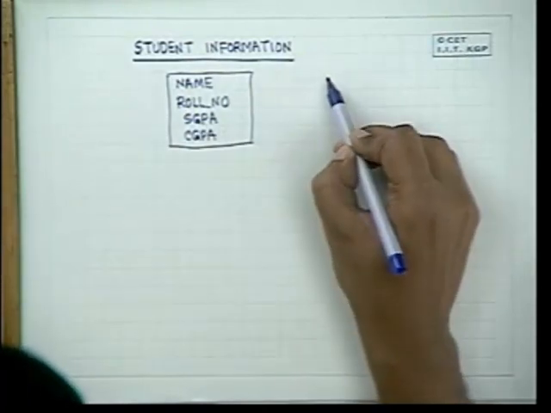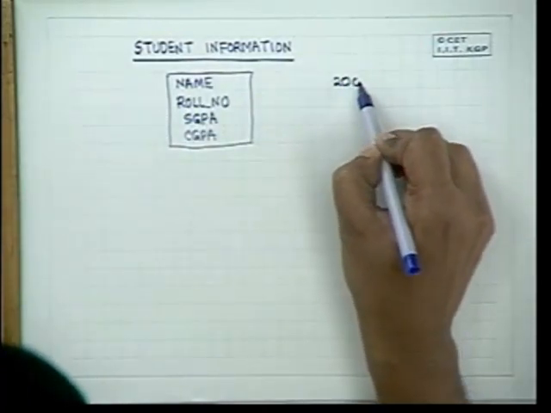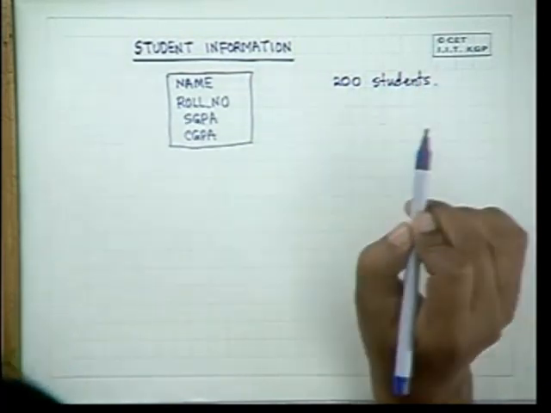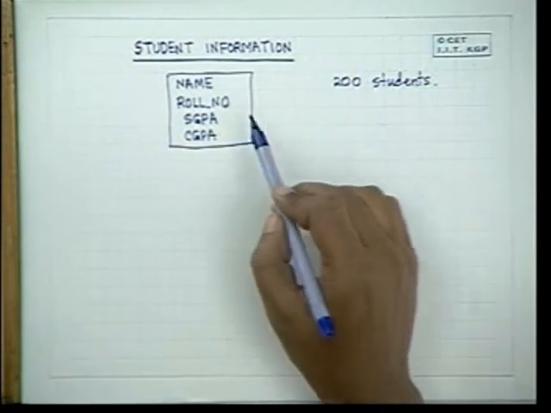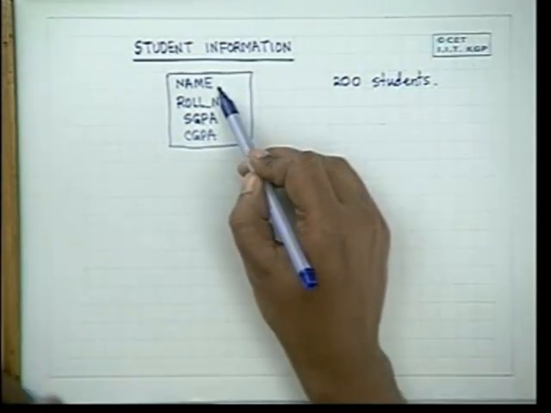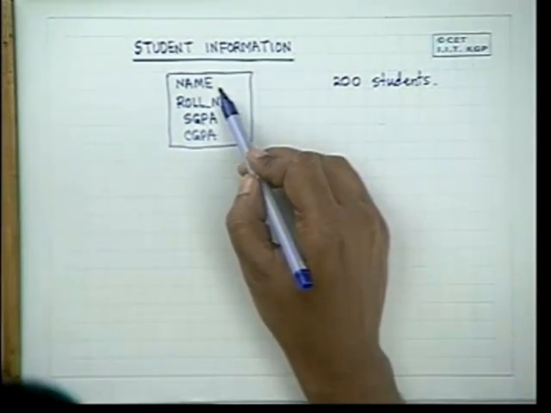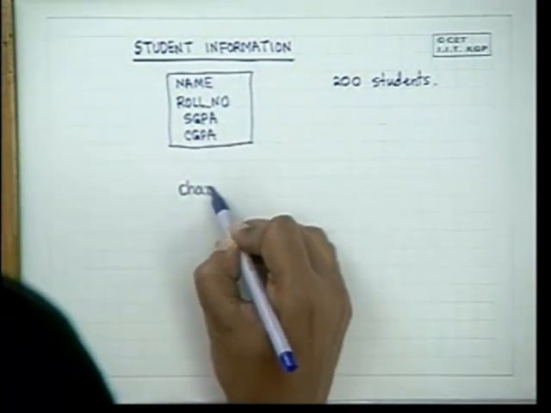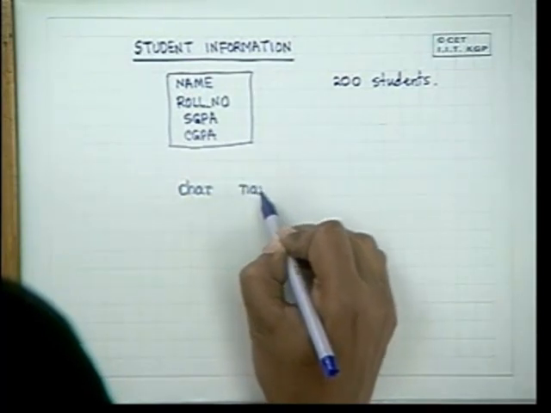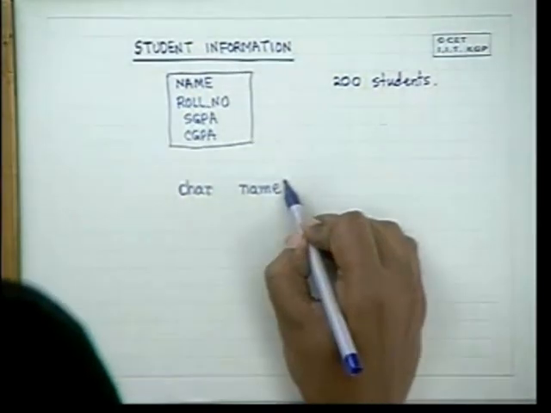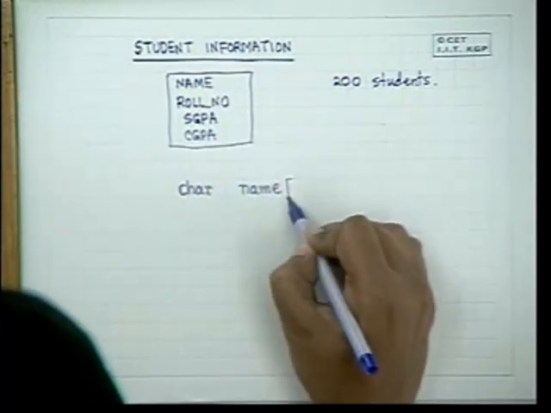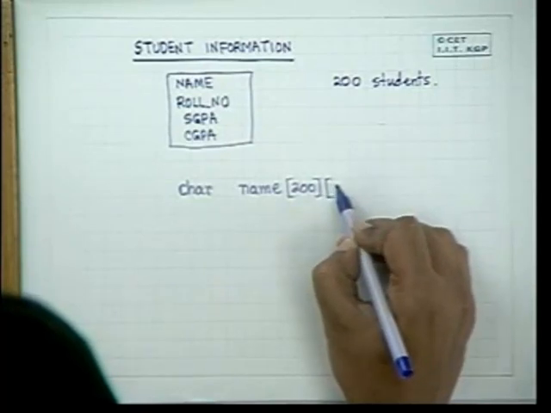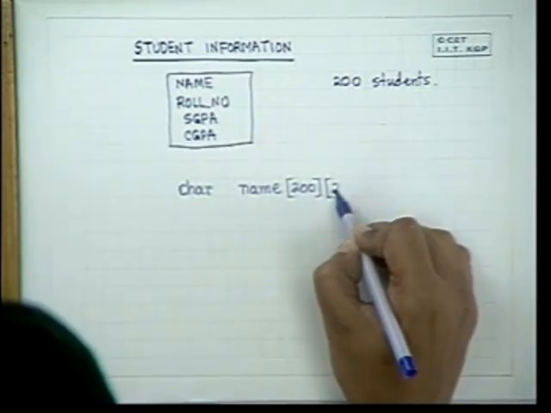Now, let us say we have approximately 200 students. Then we would individually define name to be an array of character strings, isn't it? So we would define name something like this. It would be 200 students, and each would be an array of character strings, say 20.